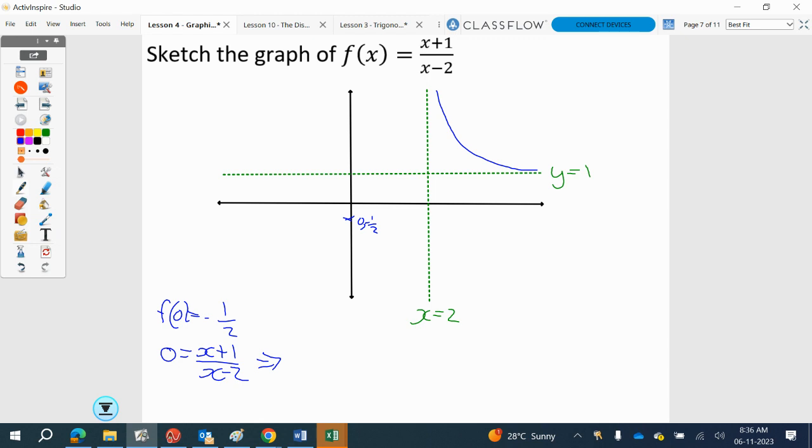Instantly you can simplify this down to x plus 1. You can always do this. So you just need to set the numerator to 0 to find the x-intercepts, because the denominator is just going to disappear. So where is it going to intercept the x-axis? Negative 1. It's going to intercept here at negative 1 comma 0.